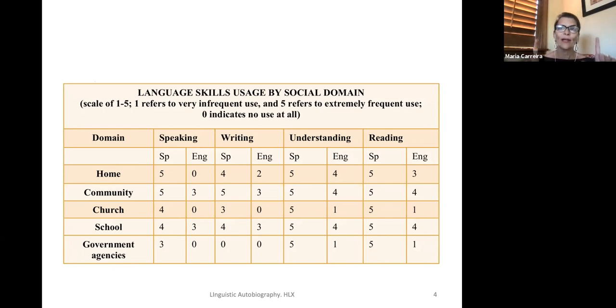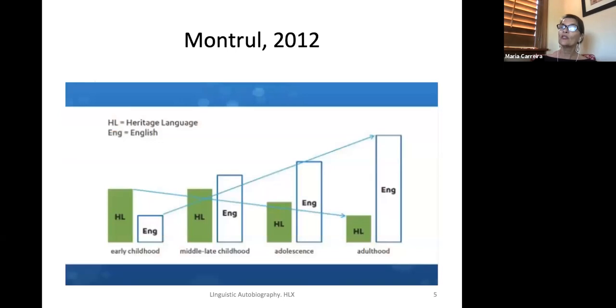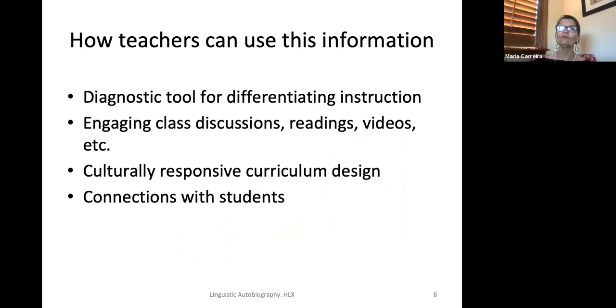The reason why I'm showing this picture is because you can see that you can engage students in evaluating this even at very low levels of proficiency. And this is not the only way to do it. You can do something like this. You can have students produce a chart that represents this information. This chart, by the way, comes from work by Silvina Montreux.